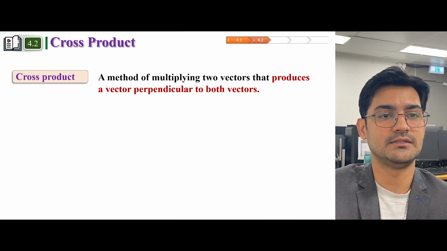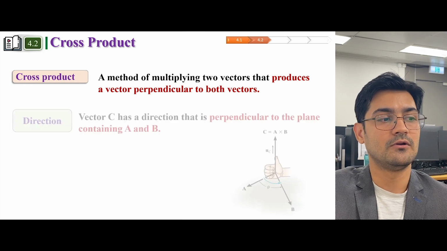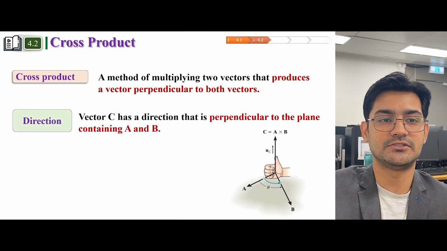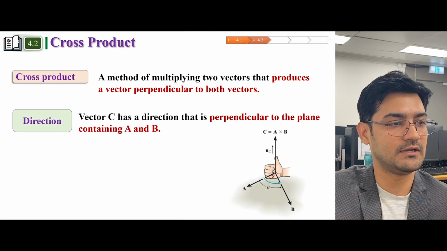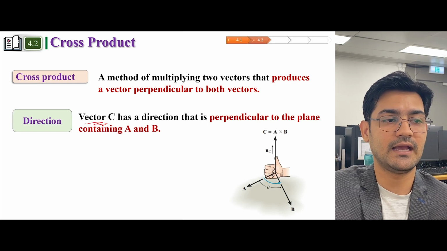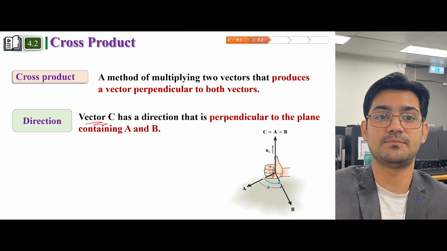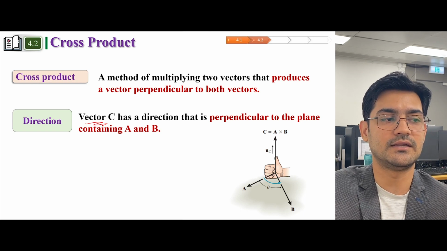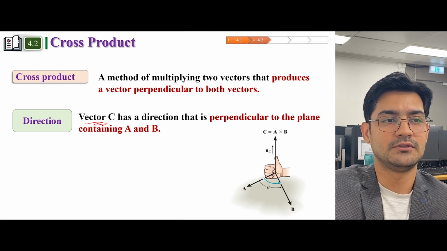Now, how to find the direction? We have studied the right hand rule in previous lectures. Vector C has a direction, and that direction is perpendicular to the plane that contains A and B. Let's say this is a plane.